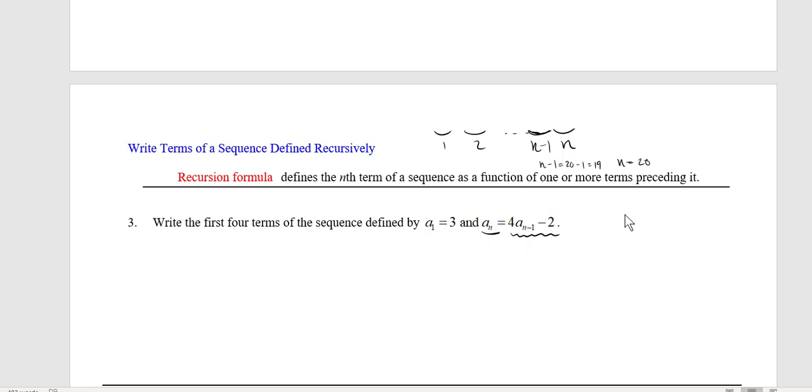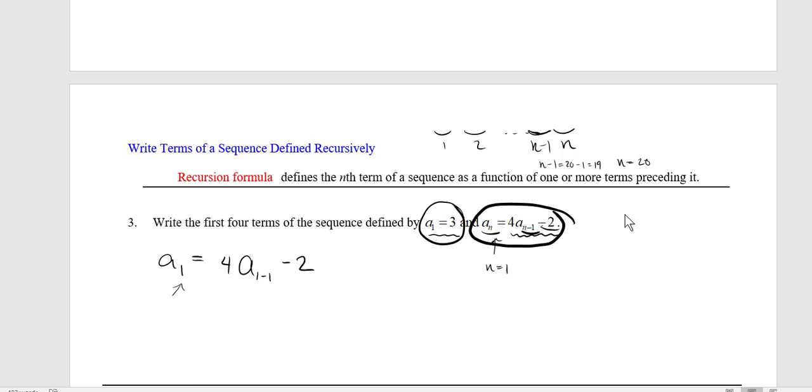And so now maybe you might see why we need this starting value. For example, say we didn't have this a1 equals 3, and I set out to use our recursive formula to find a1. Well, then this formula would tell me n equals 1 is what I'm looking for, meaning I have to plug in 4 times a(n minus 1) minus 2, that would be 1 minus 1.